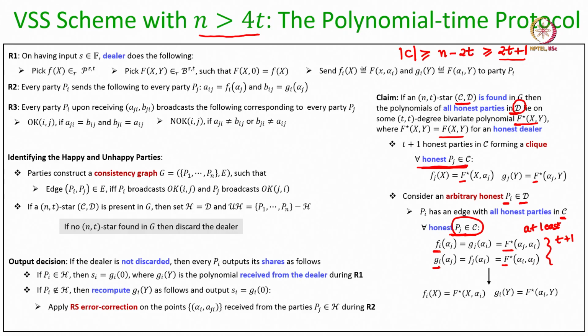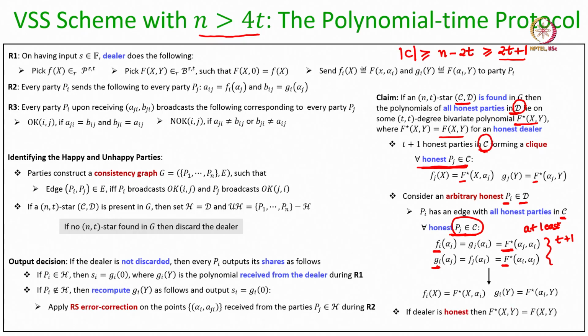That automatically shows that the row and column polynomials of the party Pi which it has received from the dealer are nothing but the supposedly ith row and ith column polynomial lying on this f star bivariate polynomial, which is defined by the honest parties in the C component of the star.